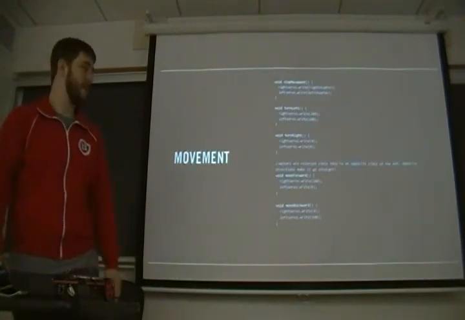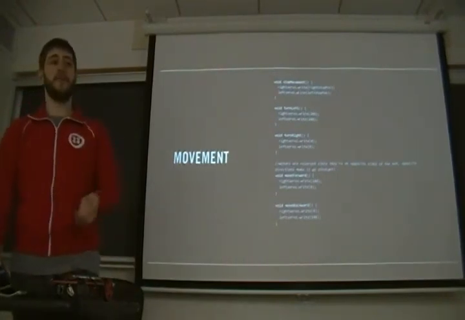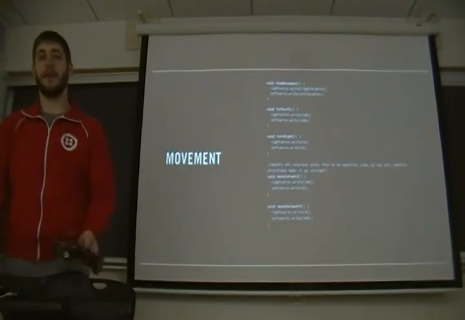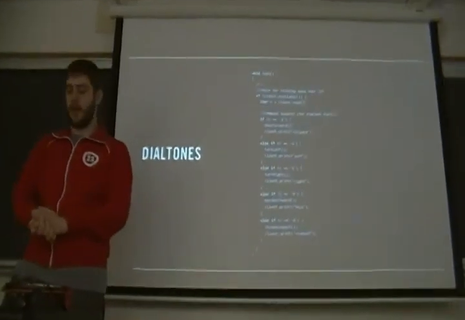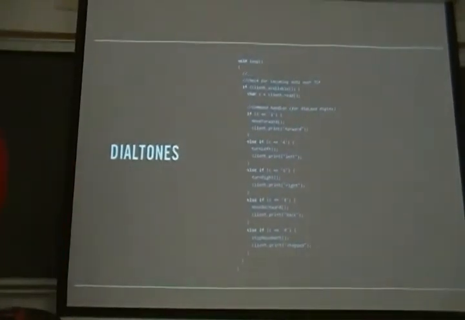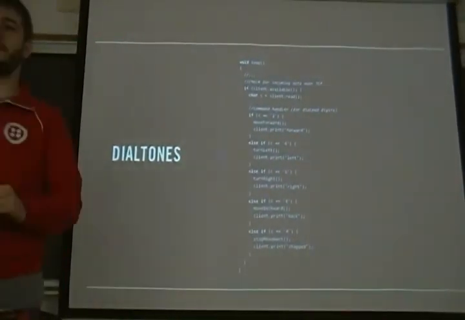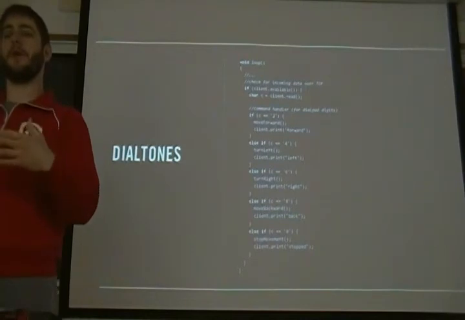So we have some basic functions here to tell it to move forward, move back, move left, and those are just things that I figured out. Then we have our dial tones. The Node.js server, which I'll show you in a little bit, is taking POST requests from Twilio.